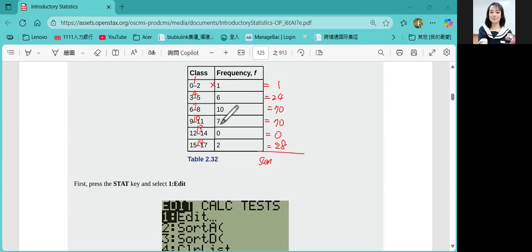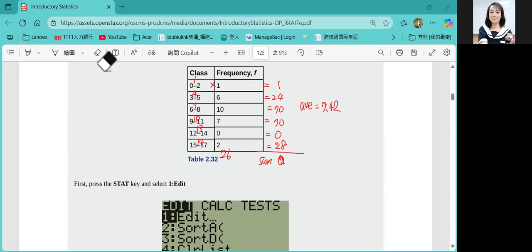So 7 plus 7 is 14, 14 plus 2 is 16, 16 plus 10 will be 26, and the sum of all: 1 plus 24 plus 140 plus 28, divided by 26. It's about 7.42. The mean, or we can say the average, is about 7.42, right?